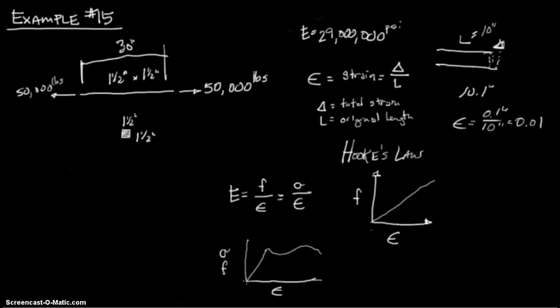But this is the yield point about right here, and every material will have this type of yield curve, but with steel, you will always see that it goes straight up, and it's really straight.